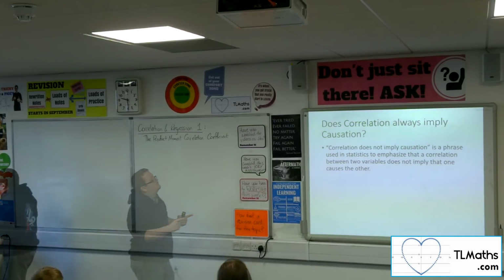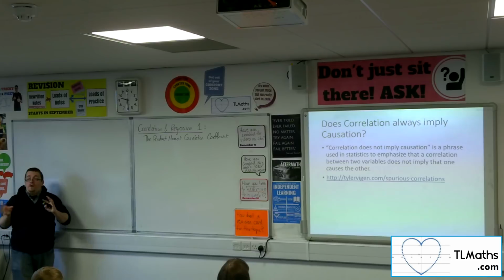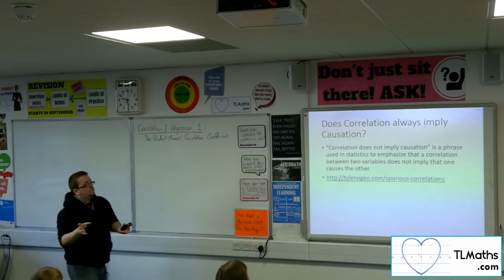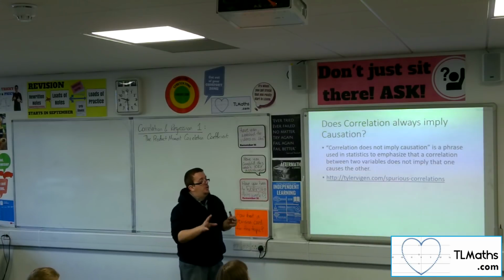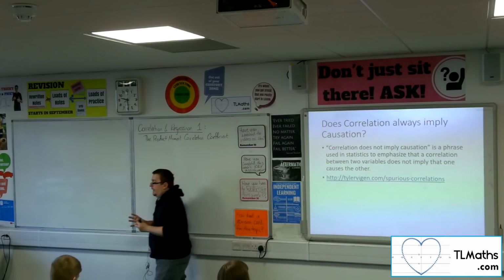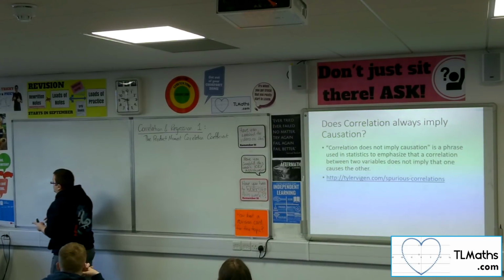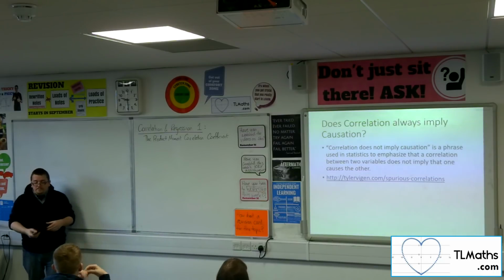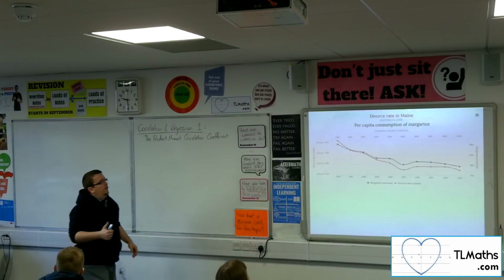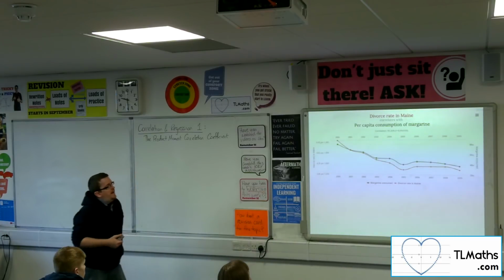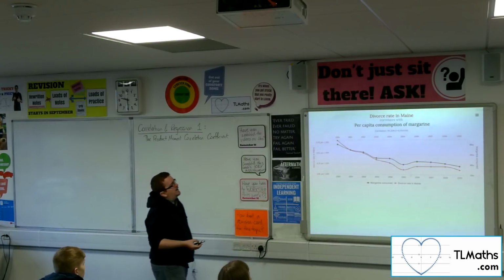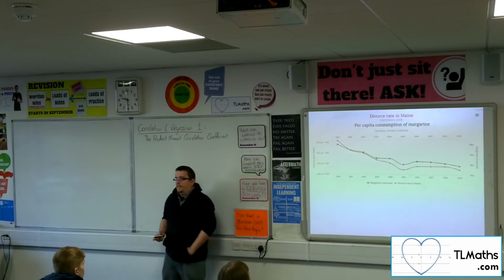Okay, so there is this great website which looks at these. It's called Spurious Correlations. You can just Google Spurious Correlations, and there are some excellent examples in there. I've got a few to show you. For example, this one is the divorce rate in Maine in America against per capita consumption of margarine.